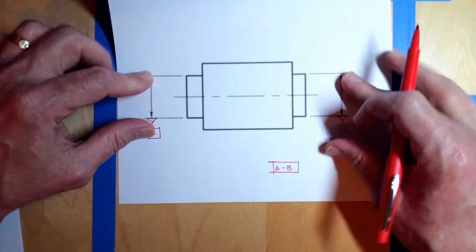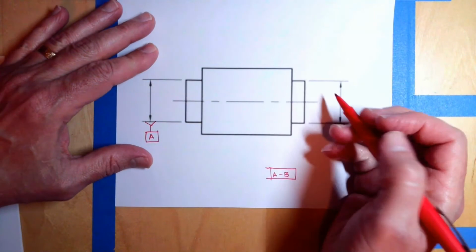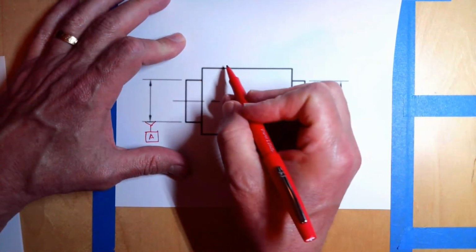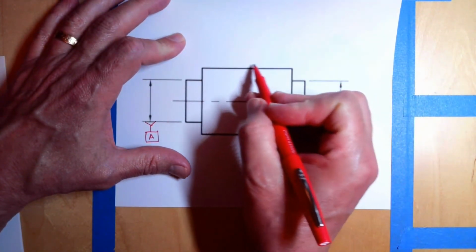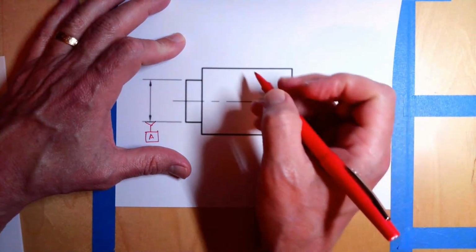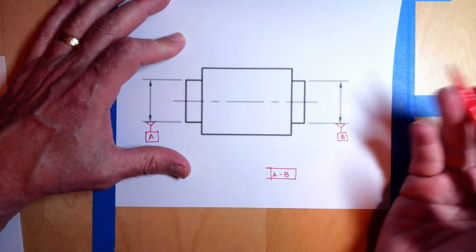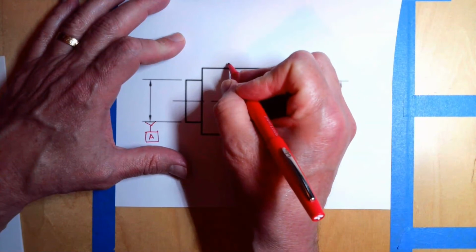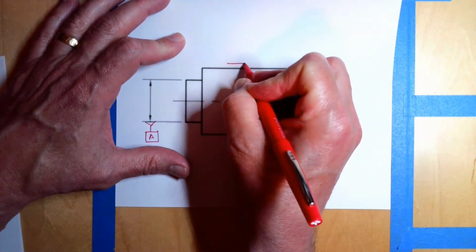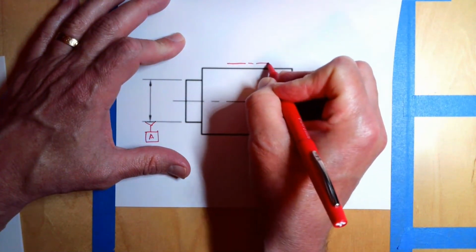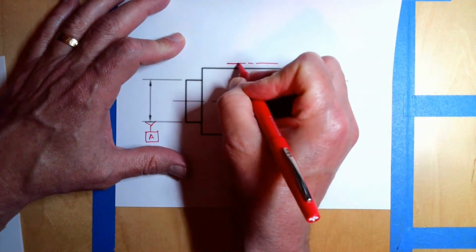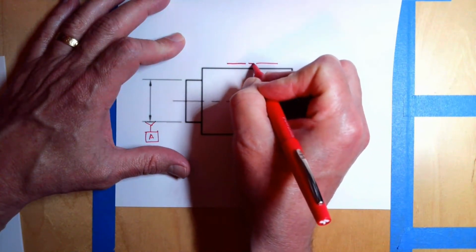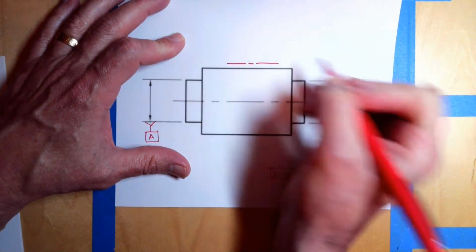Now, in this example, let's just say that we only care about the runout in a specific area on this. So we want to use what's called a chain line, which is a thick center line. It looks like a center line: a long dash and a short dash and then another long dash repeated.